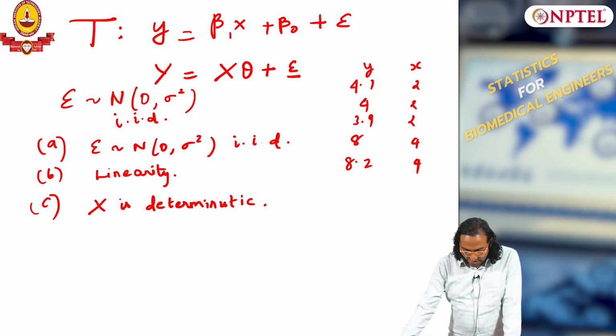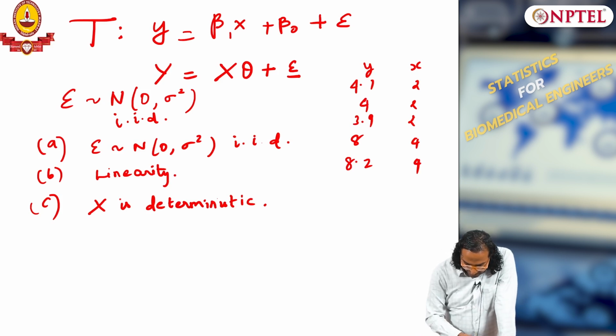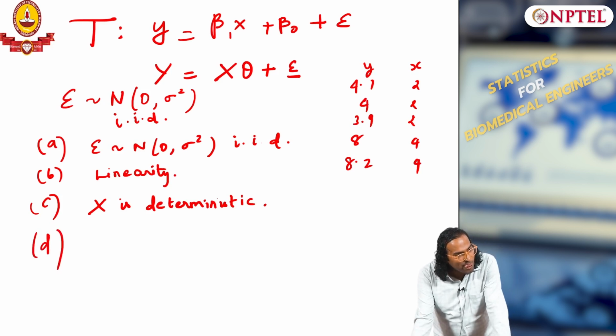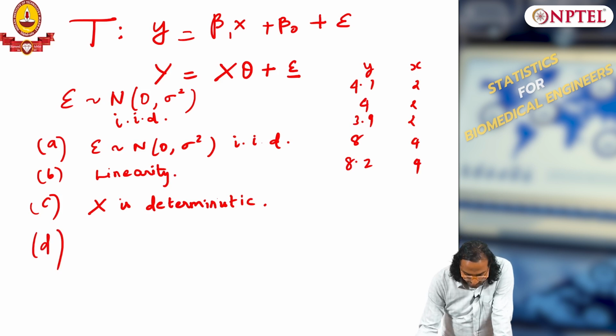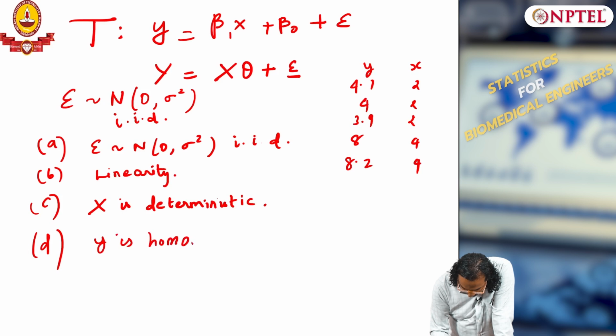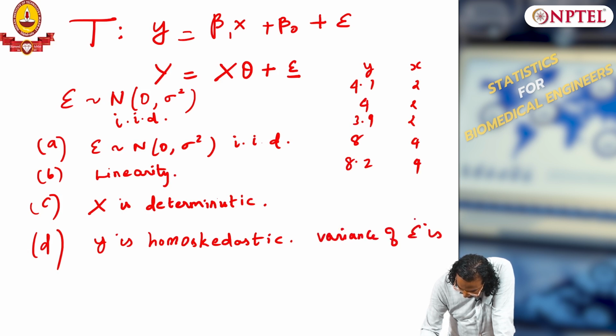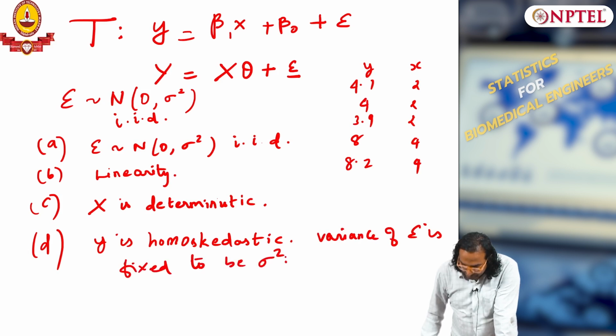So, you have linearity, you have X deterministic. Any other assumption you could think of? Okay.